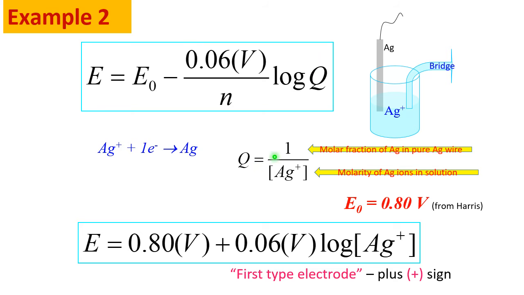Q is above the line. Molar fraction of silver in pure silver wire. It's 1. It's pure metal. It's solid. Concentration of silver ions is below the line. Now we can find E0 from the textbook and write an equation.